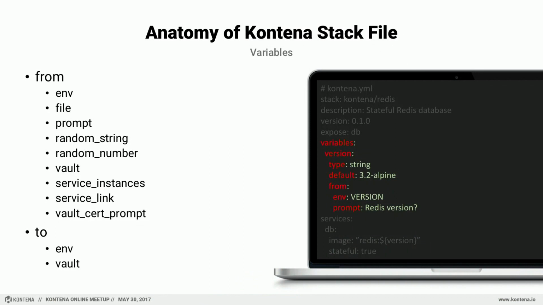Exactly the same number of services will be there after the upgrade as previously. It can also be a service link. So if you want to link your stack service to some other service, you can use the service link type and prompt the user for what service they want to link with your stack service.